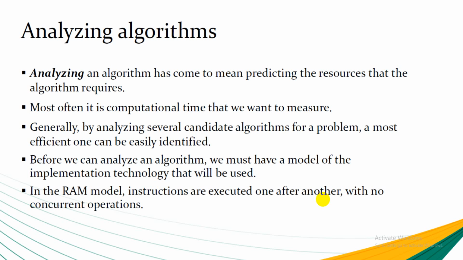So when we say instruction, we mean an elementary instruction, like int a, b, c, or a equals b plus c, or a for loop or while loop, the elementary ones that we have seen in the fundamentals of programming. But you might ask me: in some languages I have just a function that can do the job, so should I consider this as an instruction or as a method?